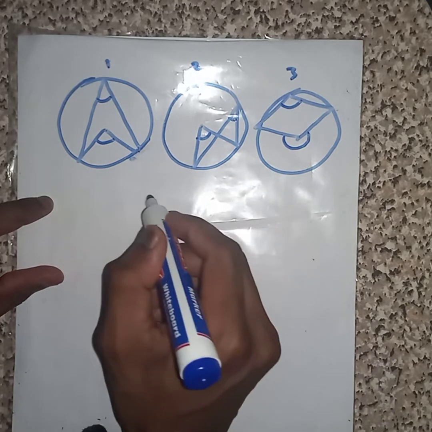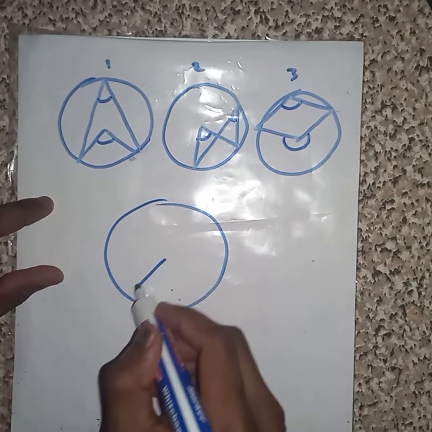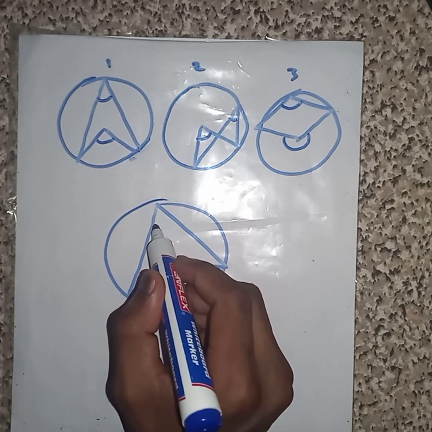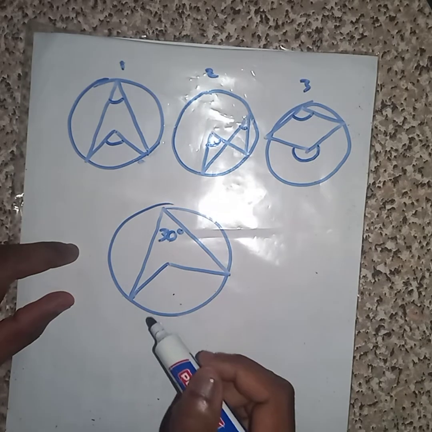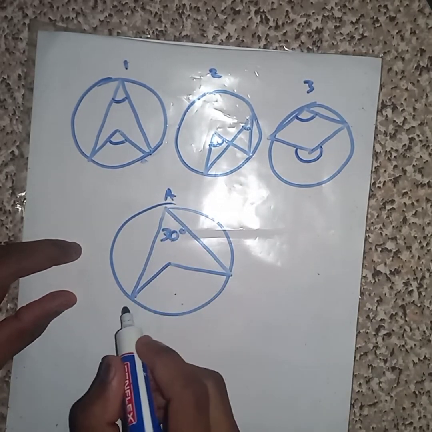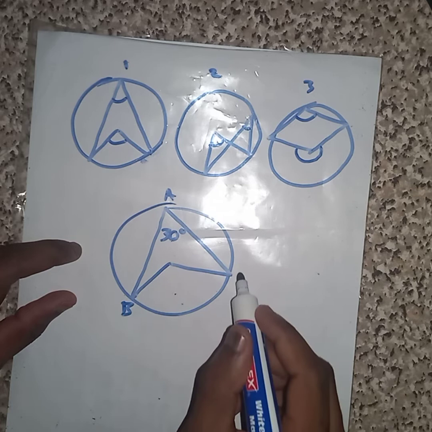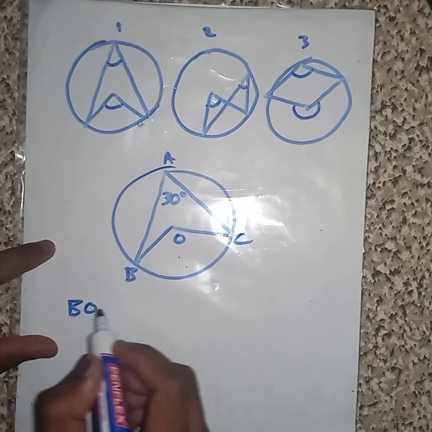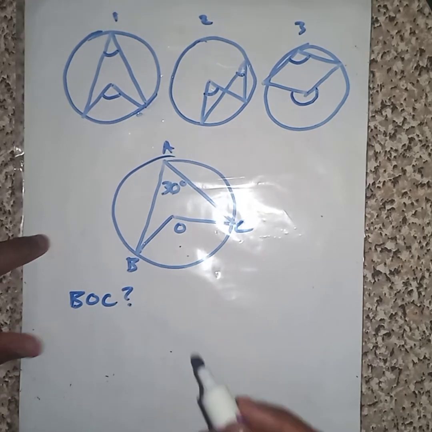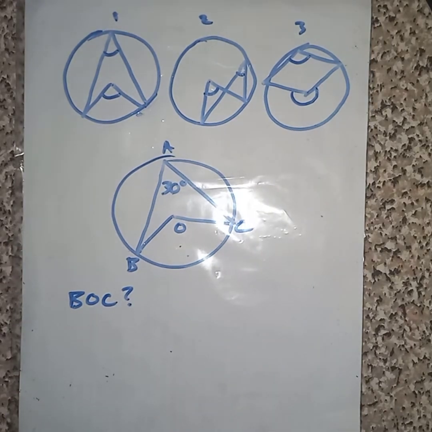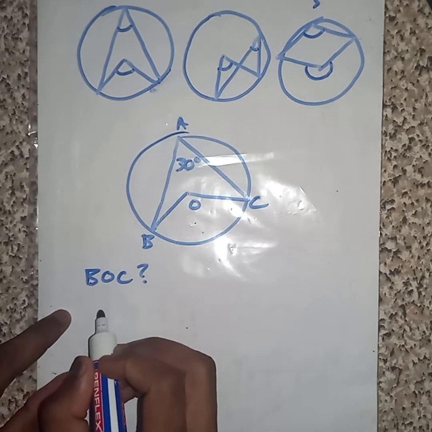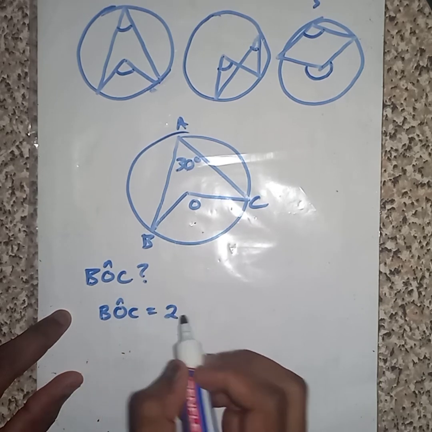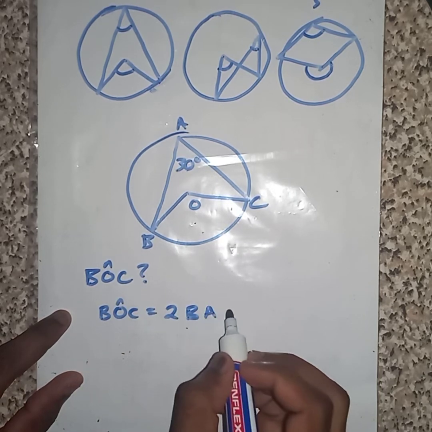Then now, let's see if I have a diagram like this. Then they say to me, this one is 30 degrees. Let's say it's A. Let's say we have B, we have C, O. Then the question says to us, find BOC. How are you going to determine BOC? So simple. You must do it like this. BOC is equal to 2 BAC.